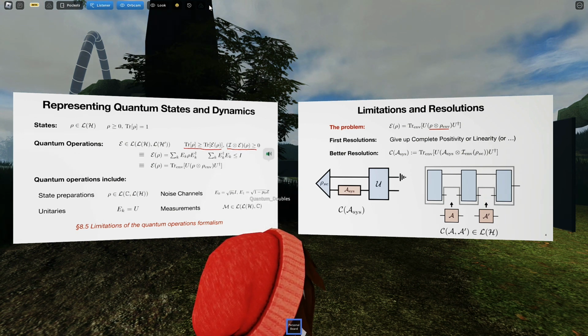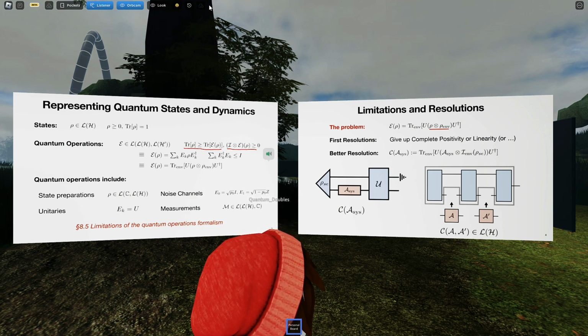This is sort of the first step towards quantum combs, because I guess you can see these two diagrams. The one on the left is specifically describing what I have written in the better resolution, but we can also push this a little bit further. So instead of just having a single operation on the system that goes into this broader construction, we can have multiple different maps that go into this broader construction.